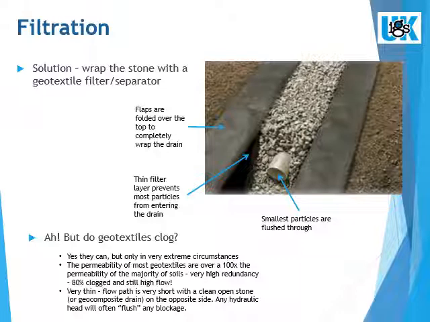But does the geotextile clog? The answer is yes, they can, but only in very extreme circumstances. Geotextile filters have a very high degree of redundancy in that the permeability of the geotextile is usually over 100 times more permeable than the soil being filtered.